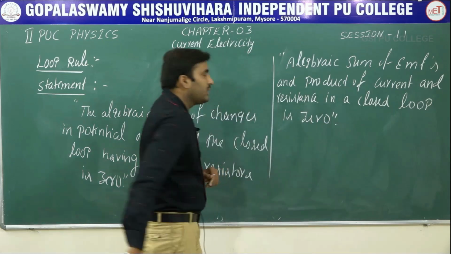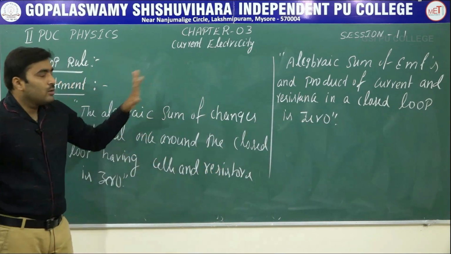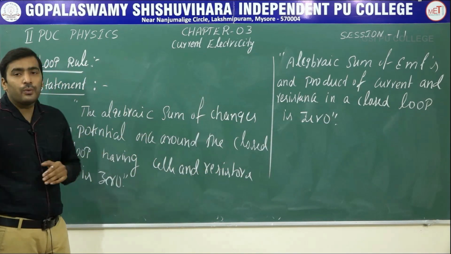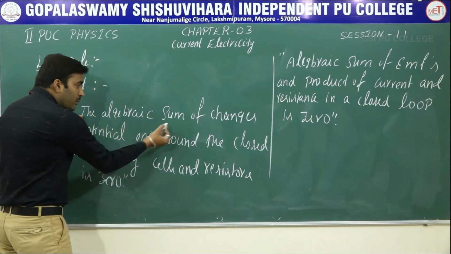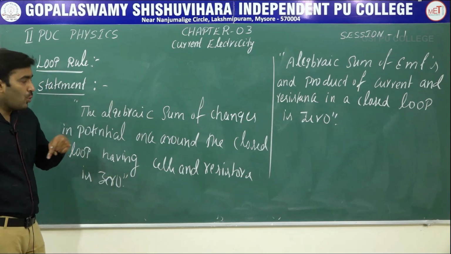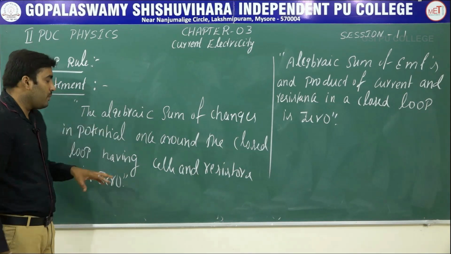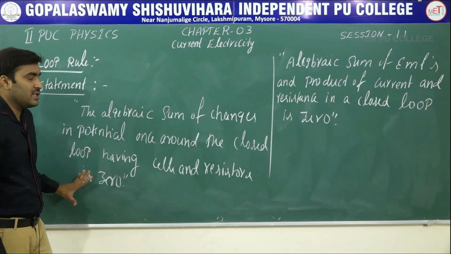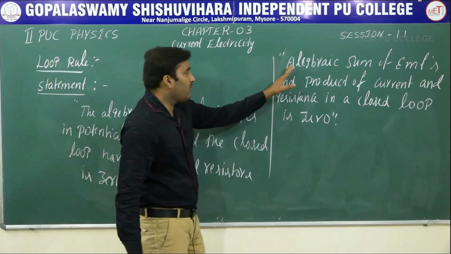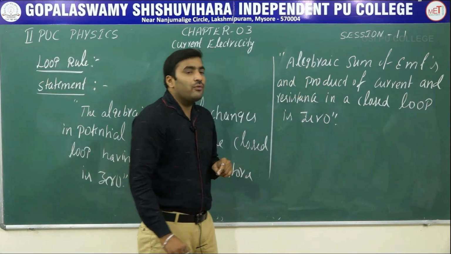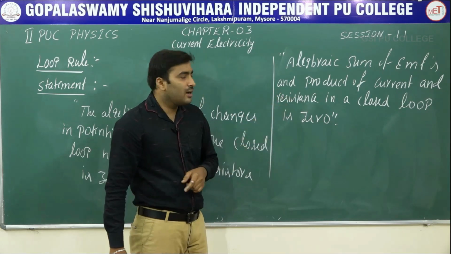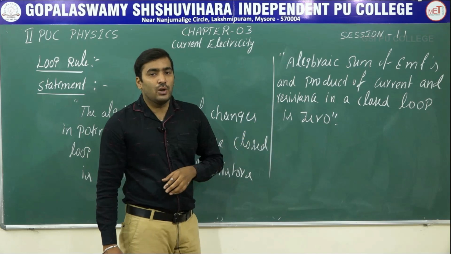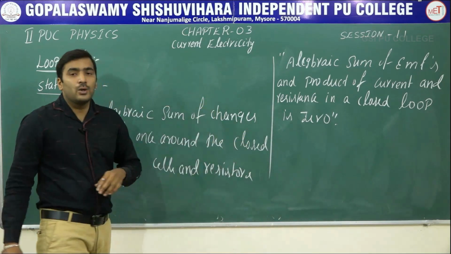This is another statement. We have two statements for loop rule, and both signify the same meaning. The algebraic sum of the changes in potentials once around the closed loop containing cells and resistors is 0, or otherwise, the algebraic sum of EMFs and product of current and resistance in a closed loop is 0. How to understand this loop rule?